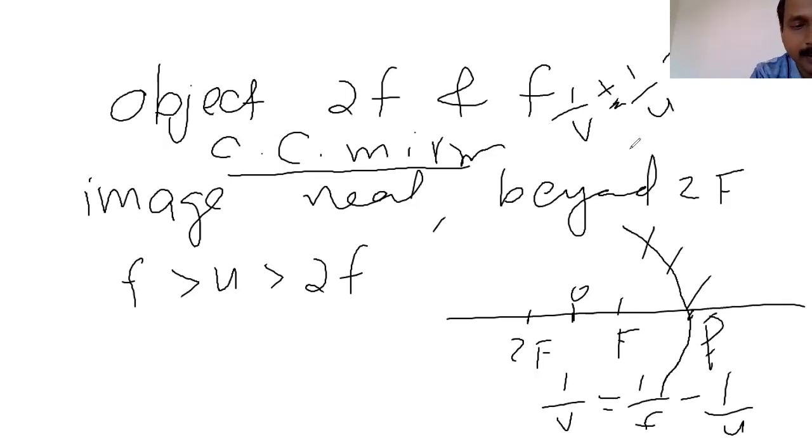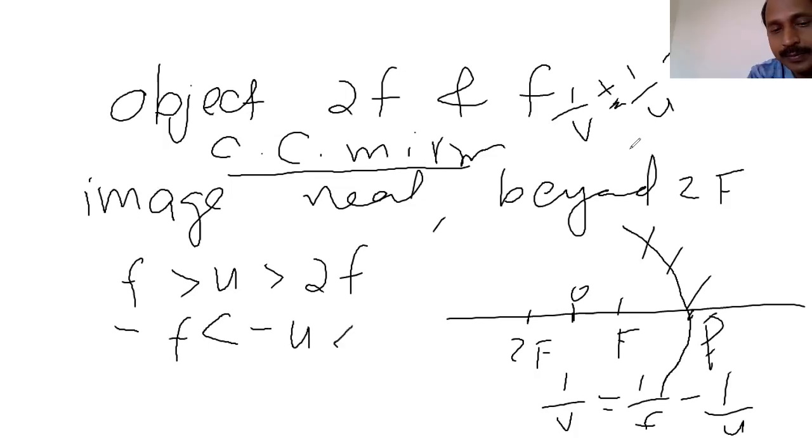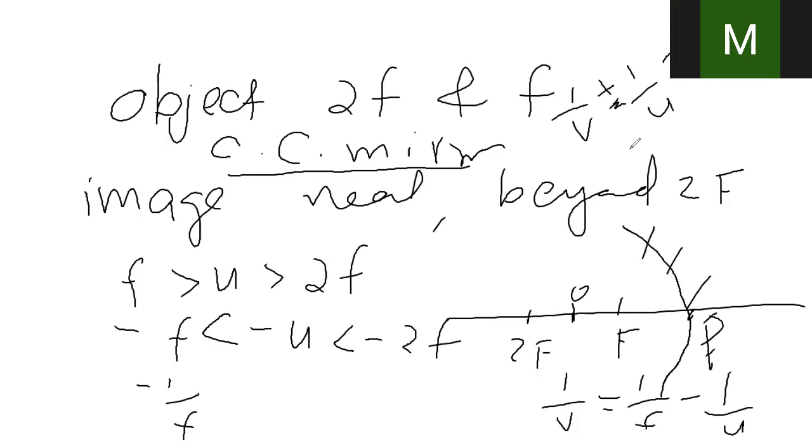Okay. So minus f, the sign will change, right? Minus u, minus 2f. Now you got minus. Now take the reciprocal: minus 1 by f, again the sign will change.